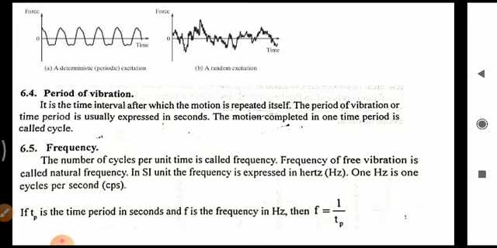That means in 1 second the AC current wave completes 50 cycles. That is what is meant by our current being 50 hertz. Okay, 1 hertz equals 1 cycle per second. The time period is denoted by TP and frequency is denoted by F, which is equal to 1 by TP.